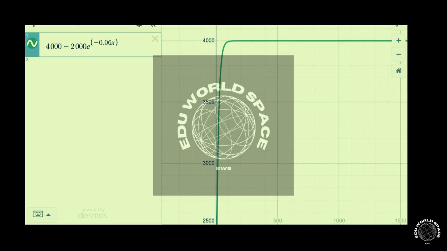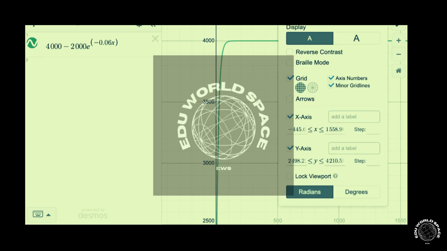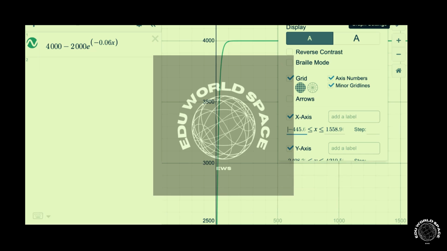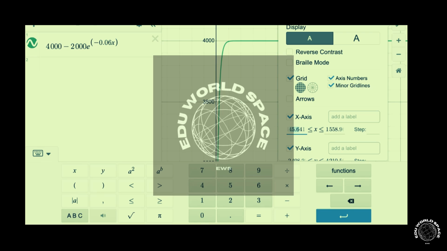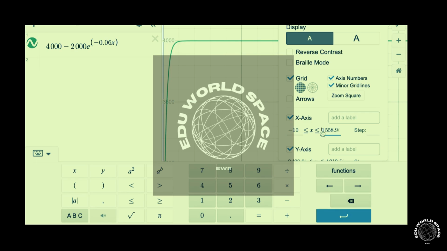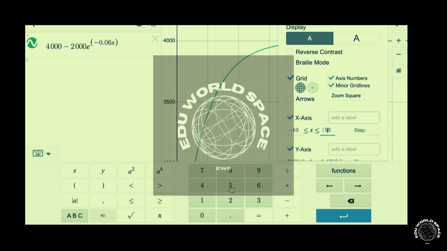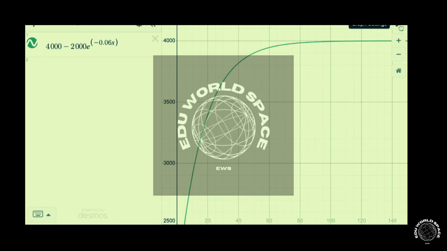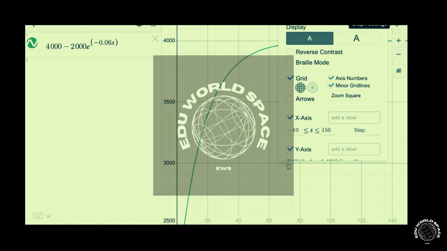So that would be, I'm going to change my axis to get a better view of this. I'm going to change my x's to go from like, I don't know, negative 10 to 150. And I want to see all my y's.